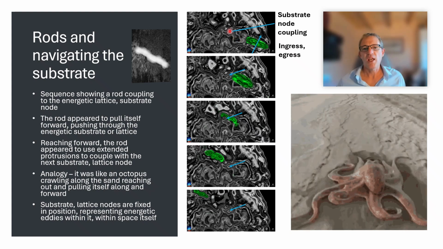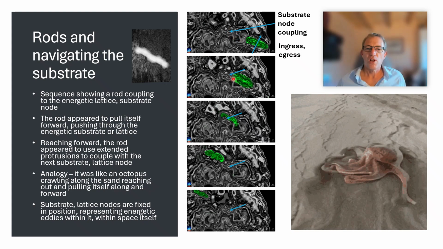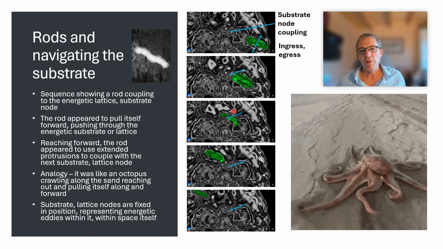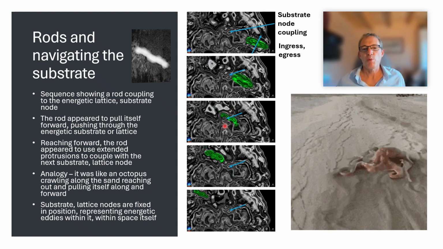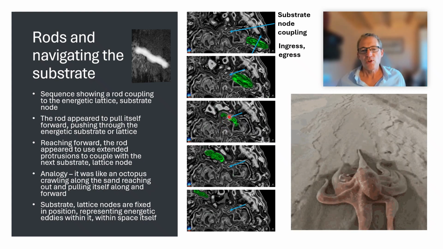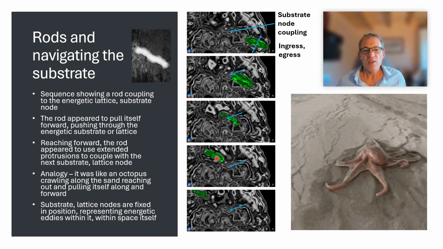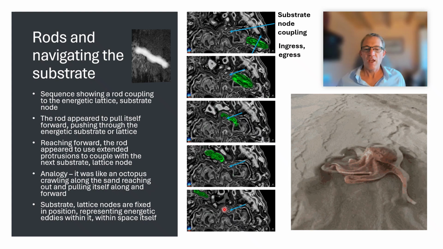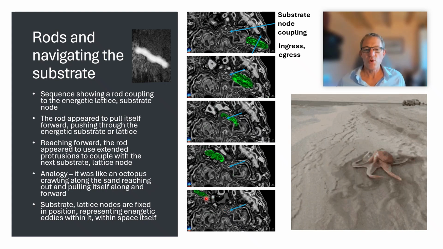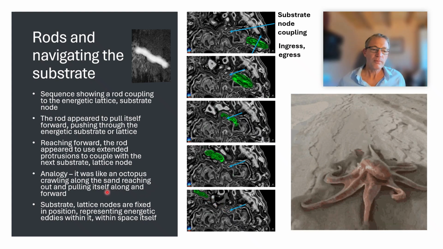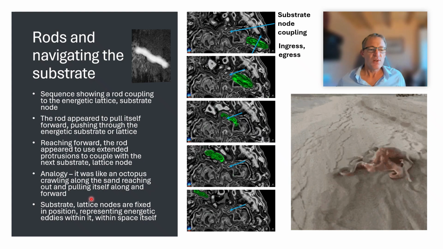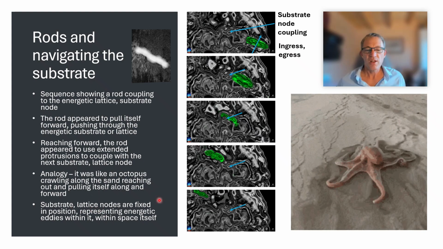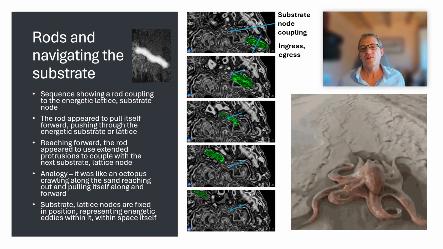So here's one here that this rod closes, couples with, passes through, remembering that ingress and egress is perpendicular to the motion or direction of motion, and then as it passes through, it leaves that node behind in the exact same position that it found and moves on and couples with another one. So these lattice nodes seem to be fixed in position and represent energetic energies within the fabric of space itself.